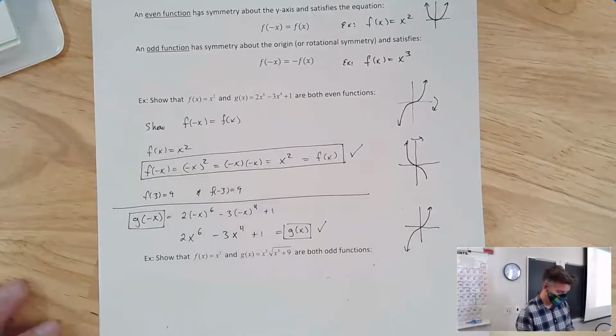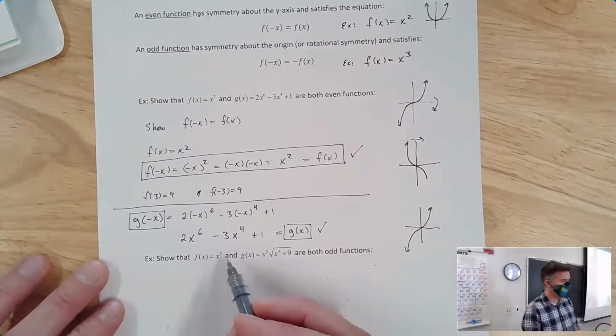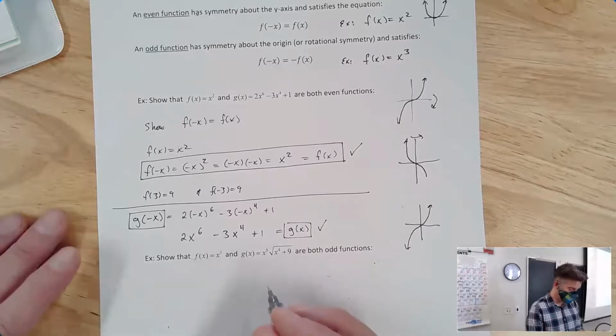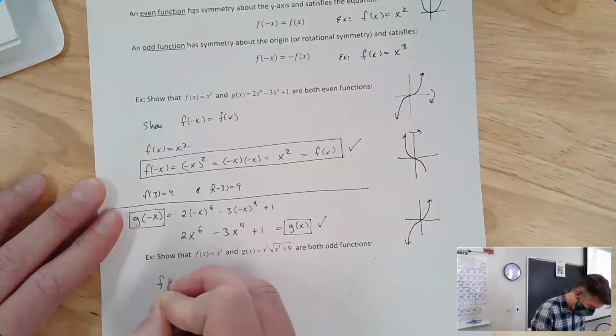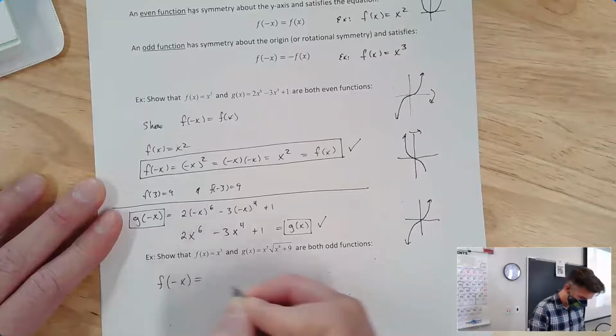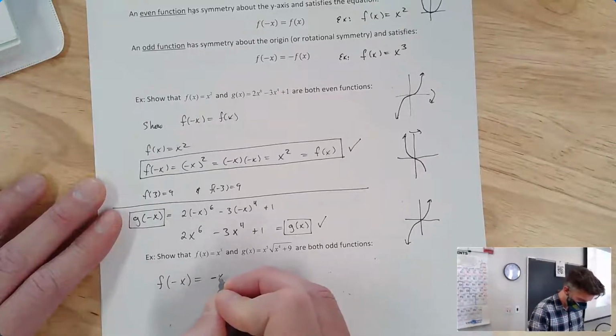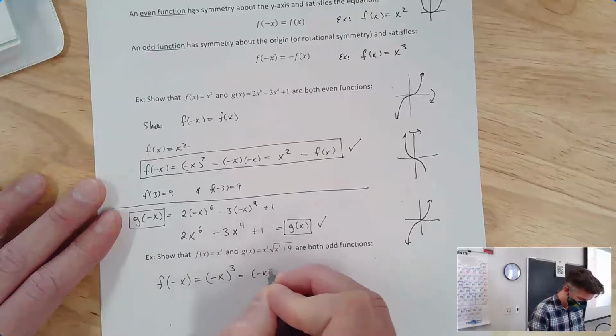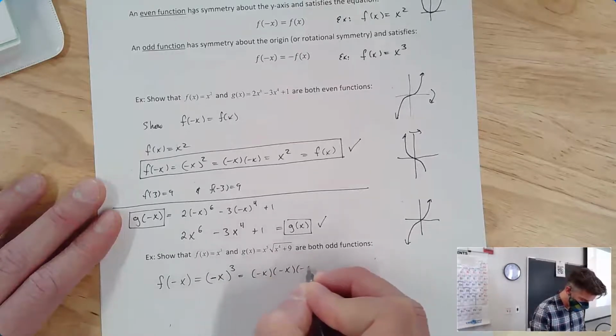On the other hand, to show something's odd, there's kind of 2 different ways you can do it. Here's the way that's actually probably better than what I usually do. First, we're going to look at f of negative x. And that's going to be negative x quantity cubed. And the negative thing to an odd power does retain the negative sign.